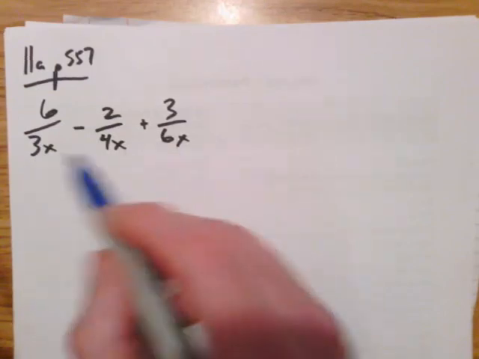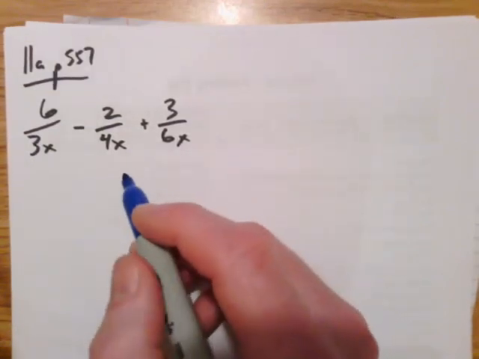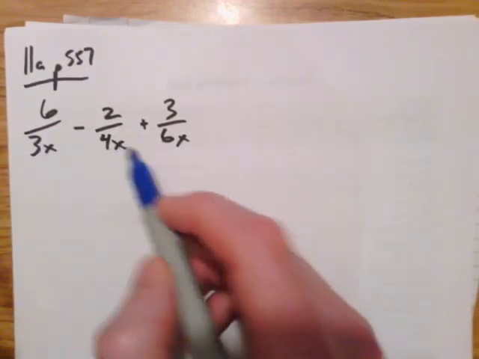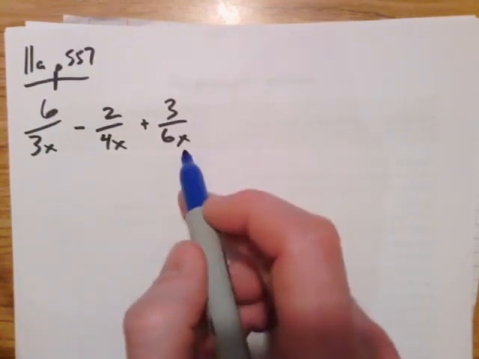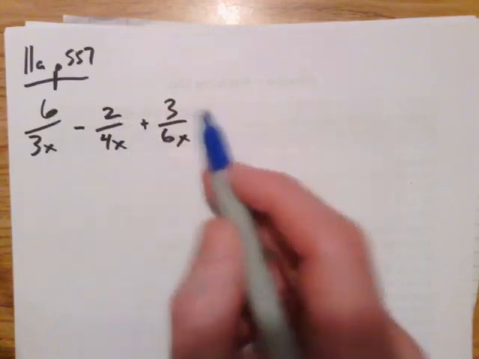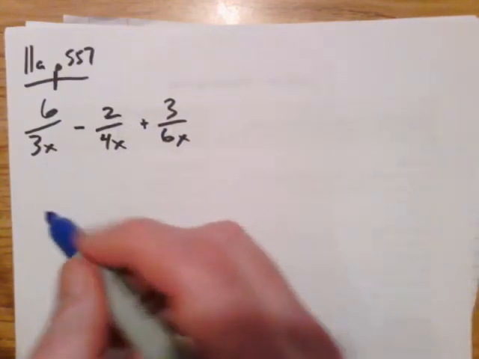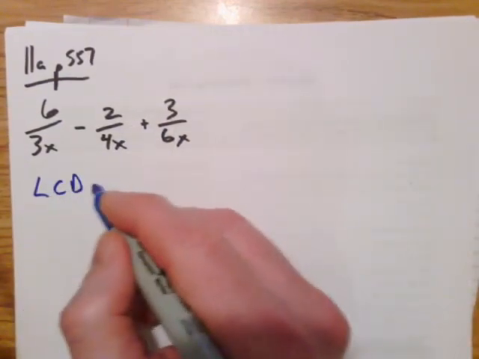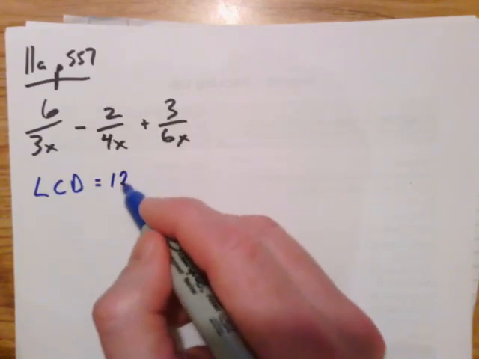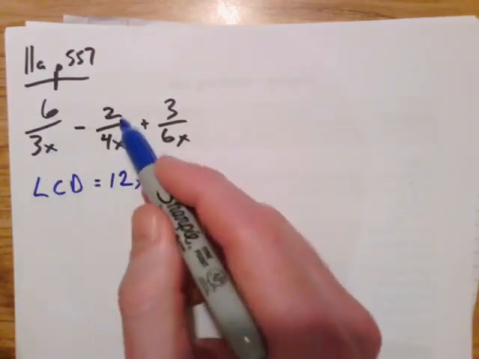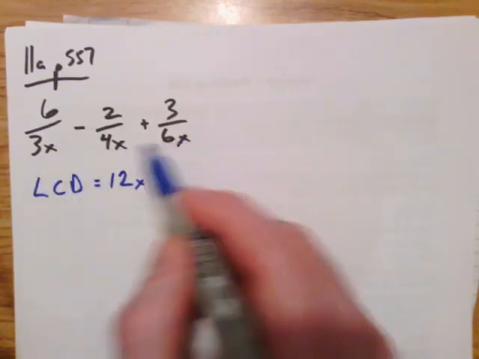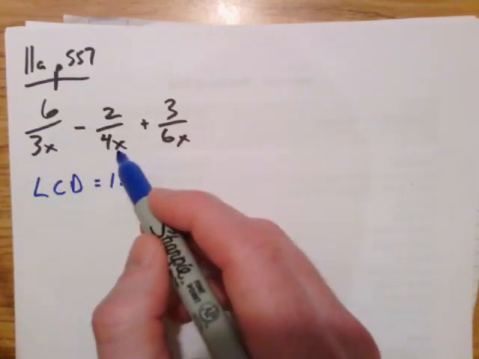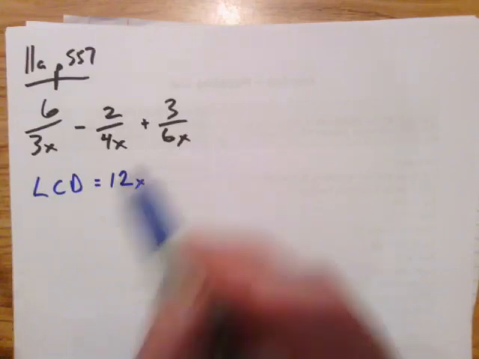I could make this the lowest common denominator. Excuse me, 72x. I'm just double checking, making sure none of these are squared. They're not. So I could have made this 72x, and it would still work. It's just harder. I'm going to go with the lowest common denominator, which is 12x. So I have to multiply each of these by whatever I need to ensure 12x. So this, 4 over 4, 3 over 3, 2 over 2.